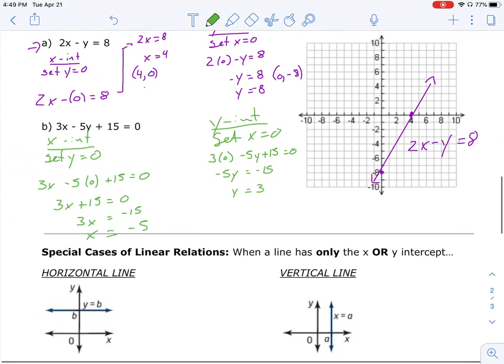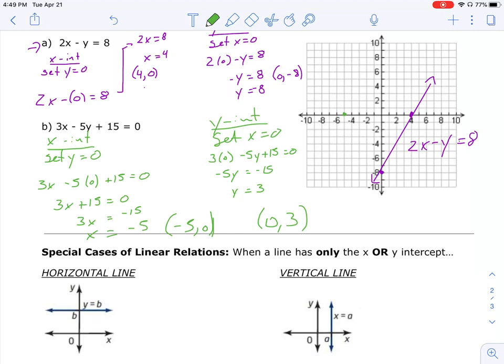So now I'm going to plot these points. Well, my x is negative 5, y is 0. So that's 1 point. And my other point I'm going to plot would be 0 and 3. So my first point, negative 5 and 0, that's going to be right around here. And then my second point, 0 and 3, it's going to look like this.